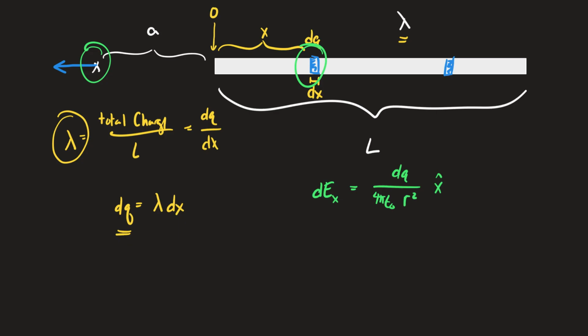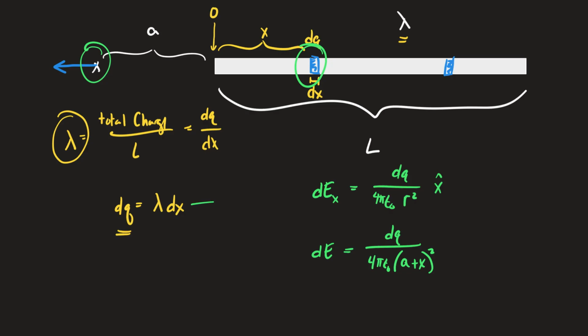Does that make sense? So I could rewrite this as dq over 4 pi epsilon naught, and inside here, a plus x squared. All okay? All right.